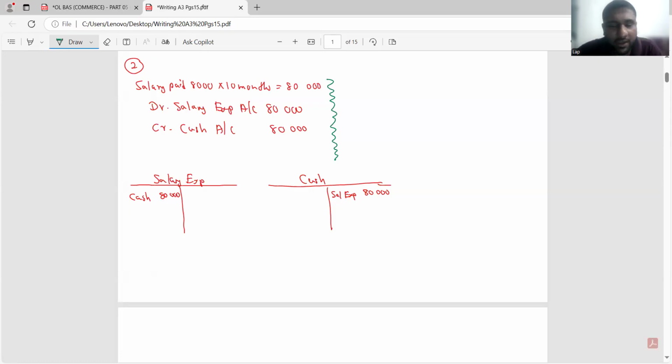Before this also I have taken the example. Last month I got the electricity bill, 10,000 rupees. I paid only 6,000. Then if someone asks me how much is your electricity bill, I will never say 6,000, no?